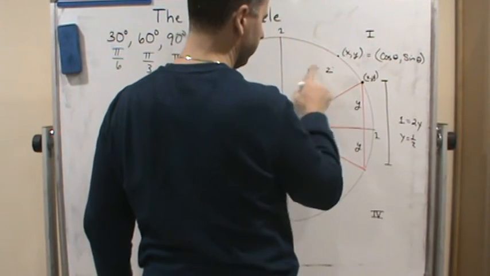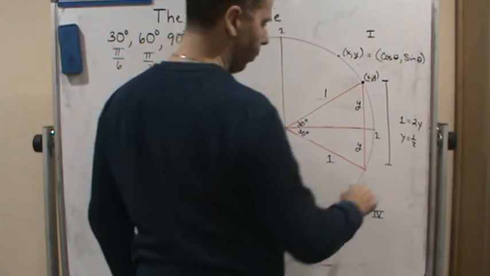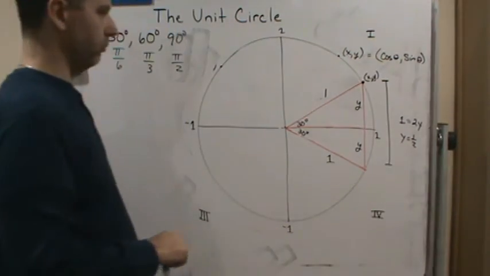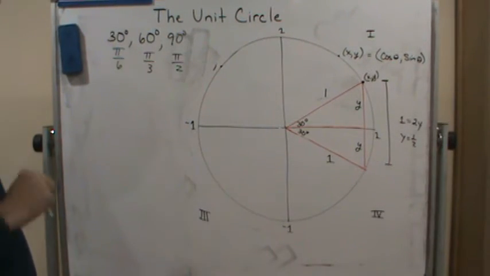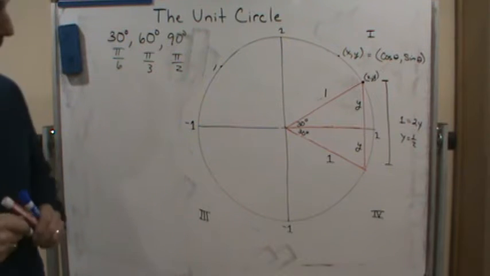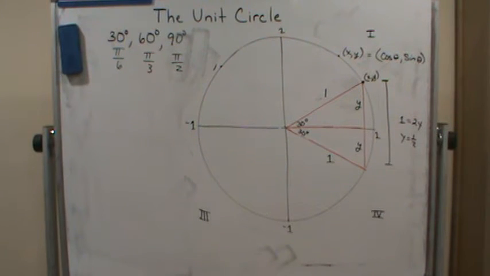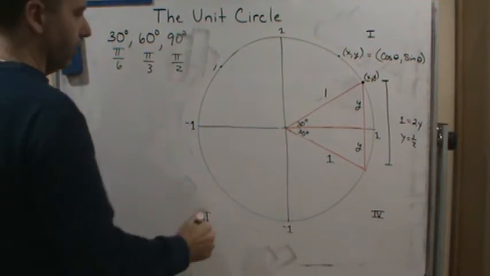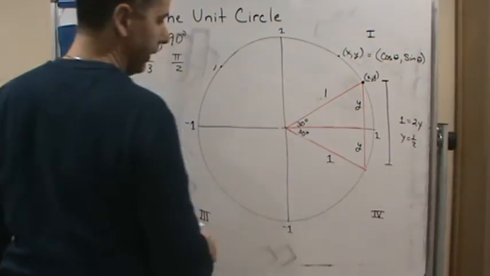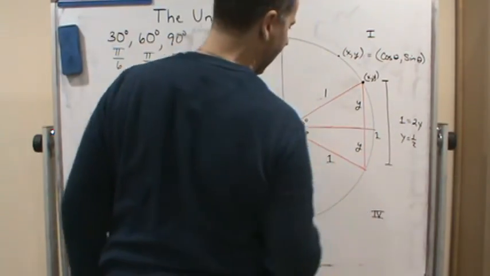So this is 1, so we get y is equal to 1/2. Now let's look at this. So this is y, and y is equal to 1/2.